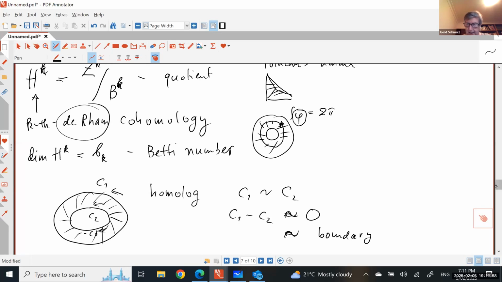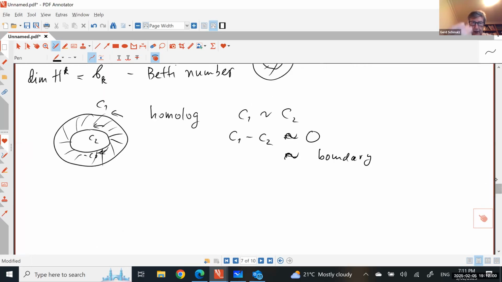So we also say that our set of cycles is also a vector space. And in this vector space, there is a subspace, which are the boundaries.